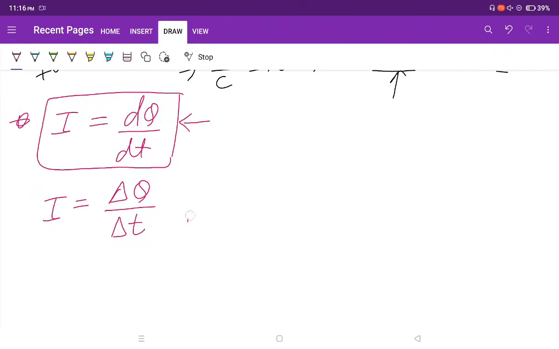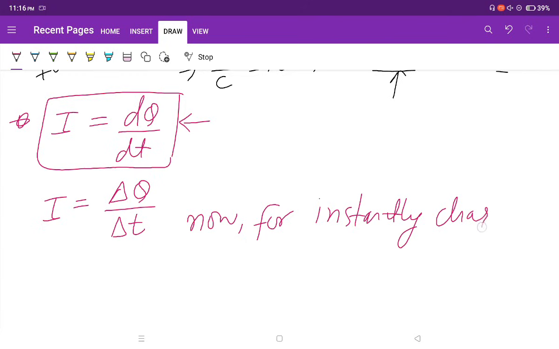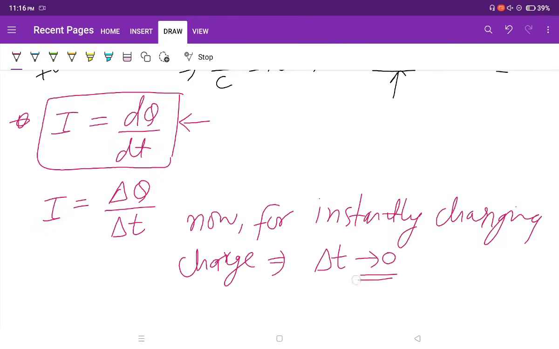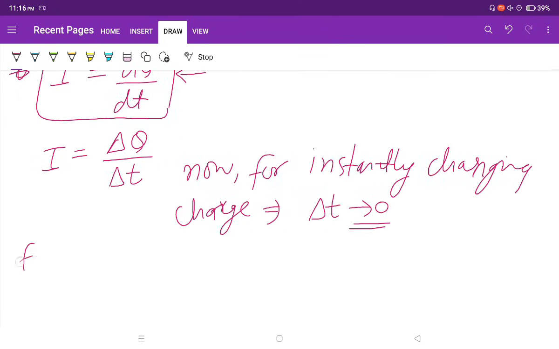Now for an instantly changing charge, we have delta t approaching 0. For delta t approaching 0, I approaches infinity, that is, a circuit or a battery should supply an infinite amount of current.